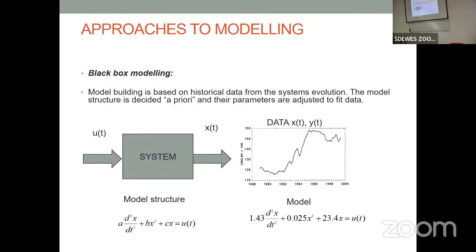And I find that the best parameters to fit this equation are 1.43, 23.4, and so on. Okay, why? We don't know, but it works. So this is not the way we are going to do things in system dynamics. Maybe it does work with many things, but this is not our way.